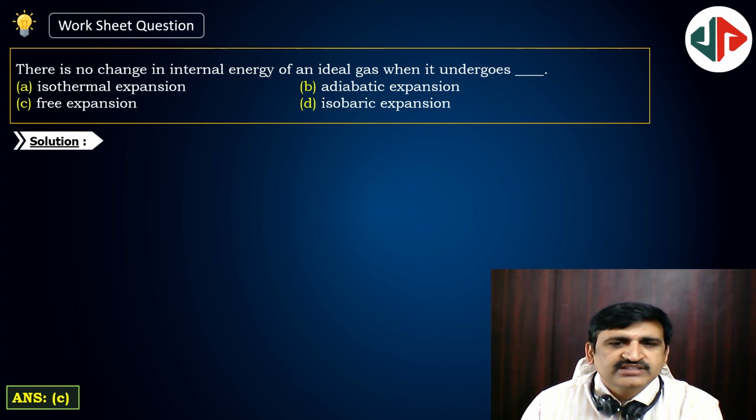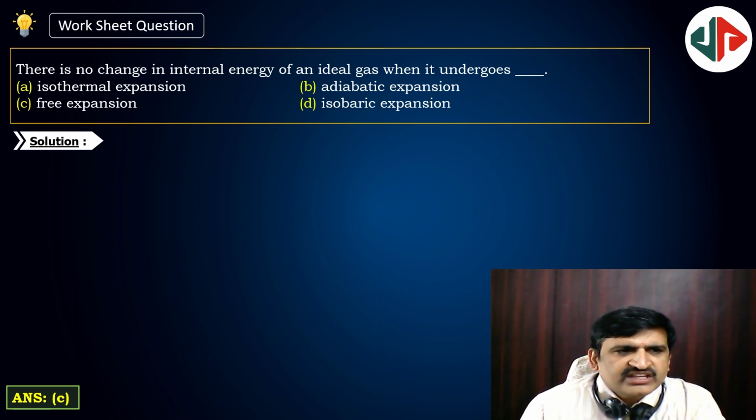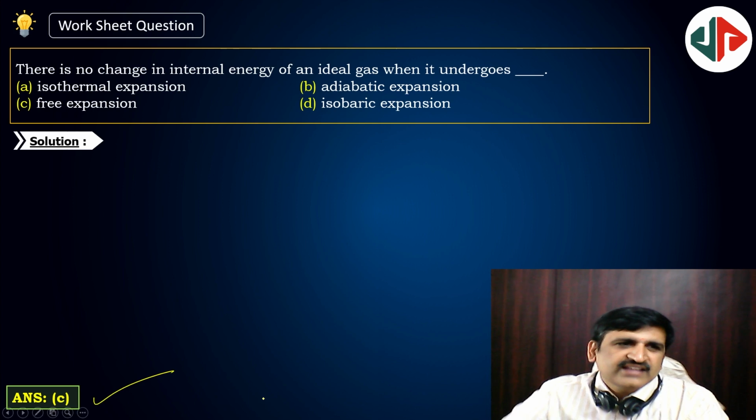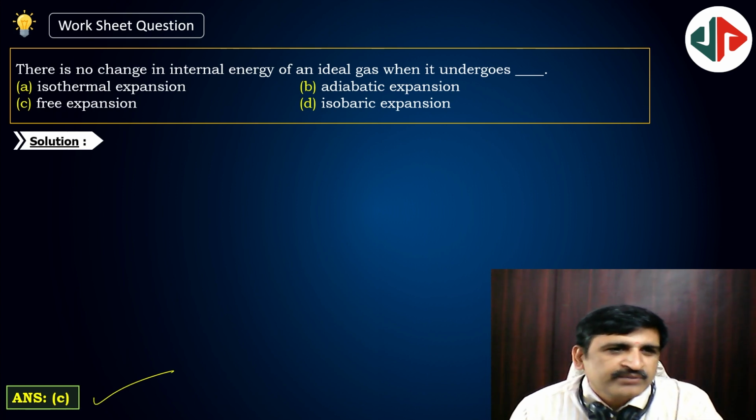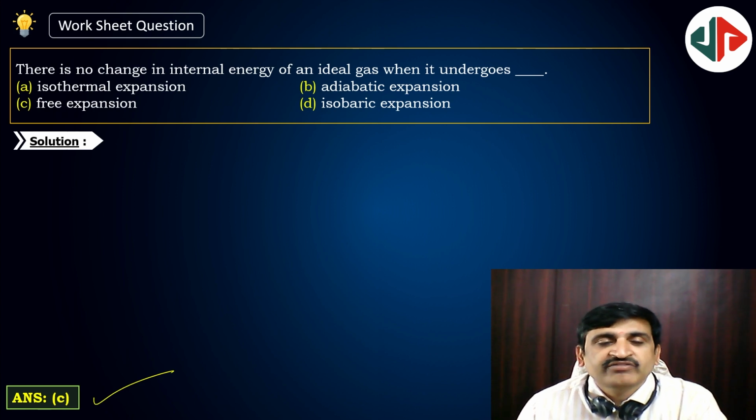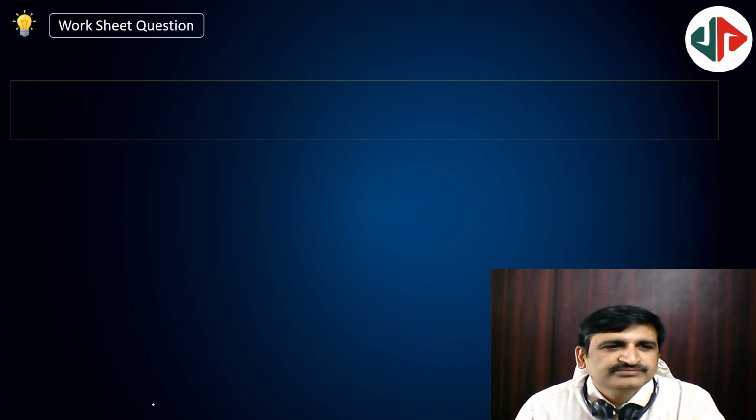If we consider an isothermal process, other parameters may change, but in vacuum expansion you can expect this. So the most probable answer is free expansion. In an isothermal process also, internal energy need not be constant, only temperature. Okay, what about the remaining ones?